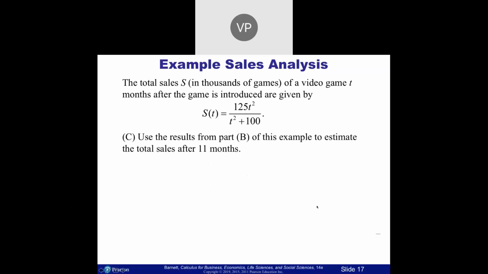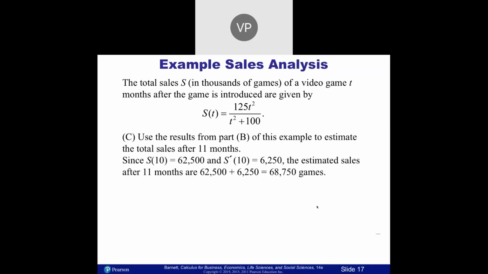Okay? And the last one, use the results from B of this example to estimate the total sales after 11 months. Remember we did this before. You find the value at 10, and then you use the derivative.